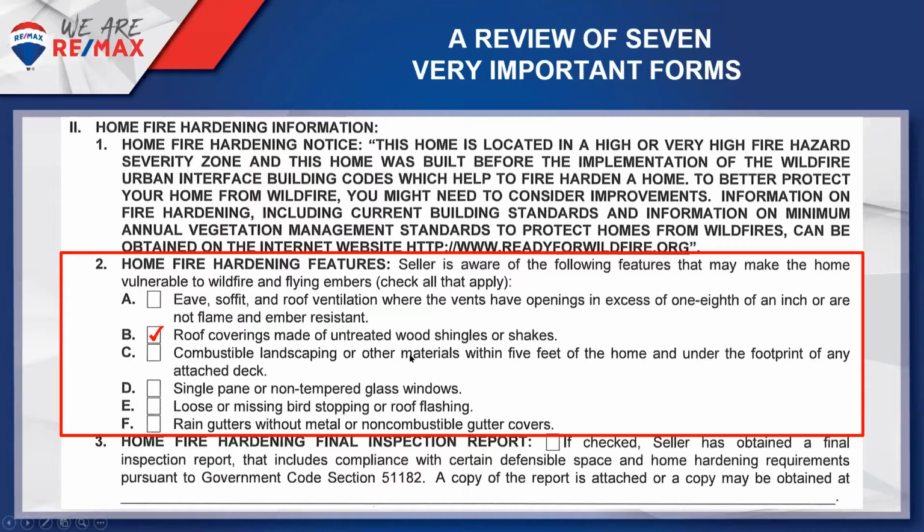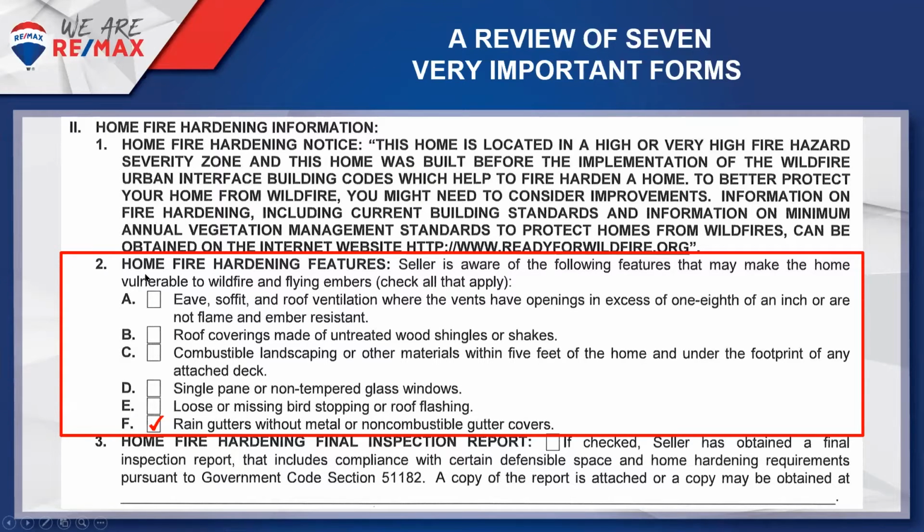Roof coverings made of untreated wood shingles or shakes, you check that box. Combustible landscaping within 5 feet of the house, single-pane windows, loose or missing bird stoppings. I would submit that most of your sellers have no clue as to whether they have loose or missing bird stoppings or roof flashings. They might know whether or not their rain gutters have covers on them or not.